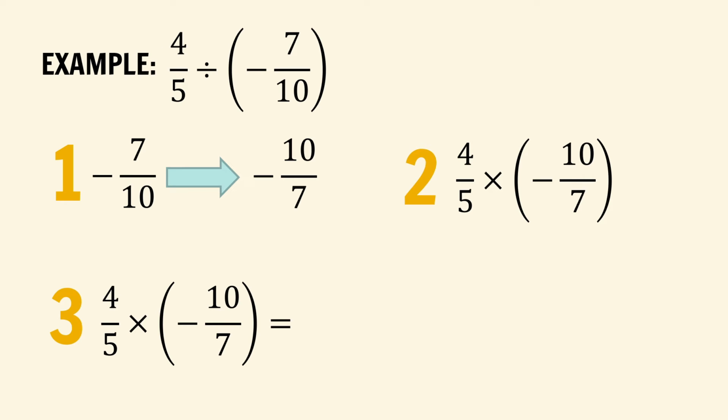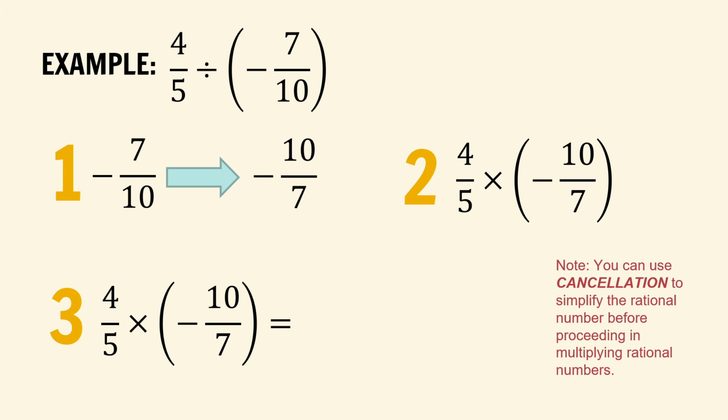In this case, I have used the technique of cancellation to reduce the terms before multiplying the numerators and the denominators. So 5 and 10 have a common factor of 5. Therefore, 5 divided by 5 would be 1 and 10 divided by 5 would be 2.